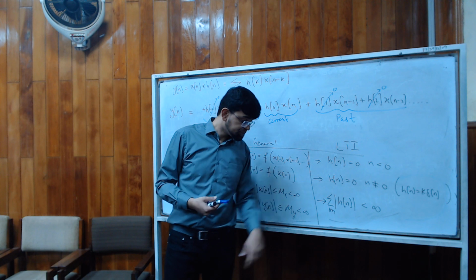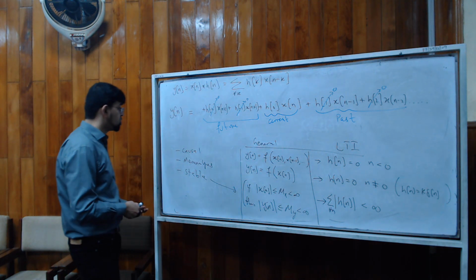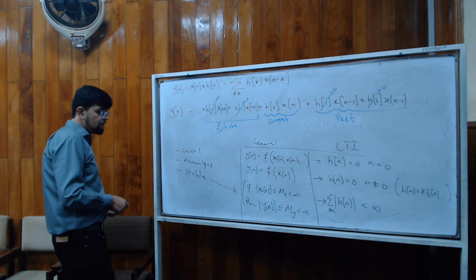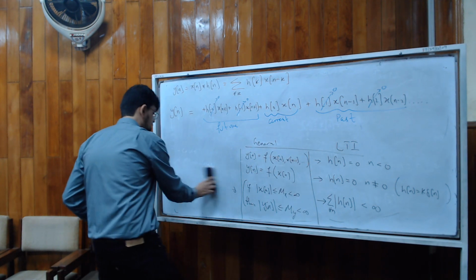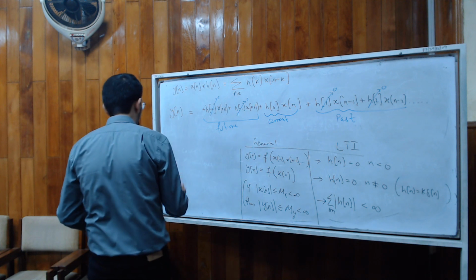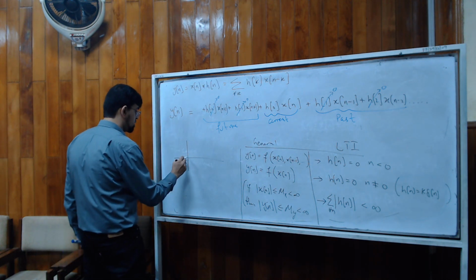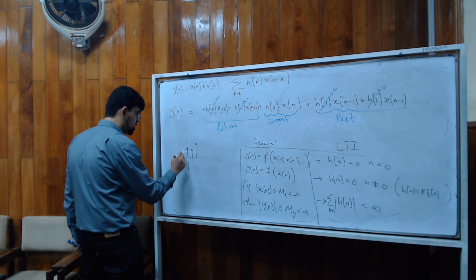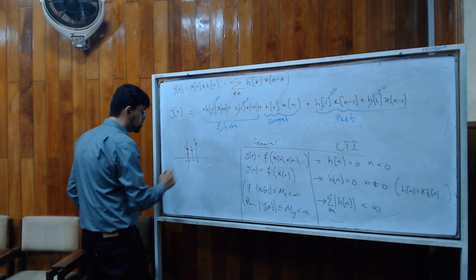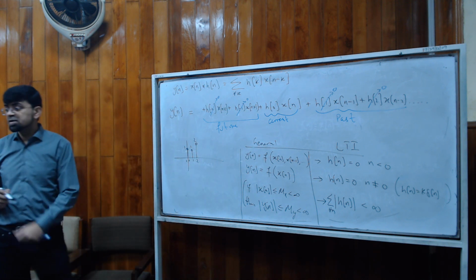Is it 0 for n less than 0 or not? So for instance, let's say you are told that a system has an impulse response that looks like this. At n equals 0, 1 and 2, it has these values.